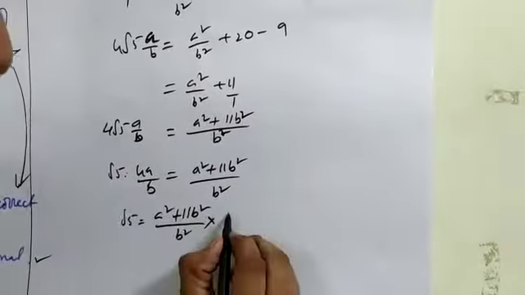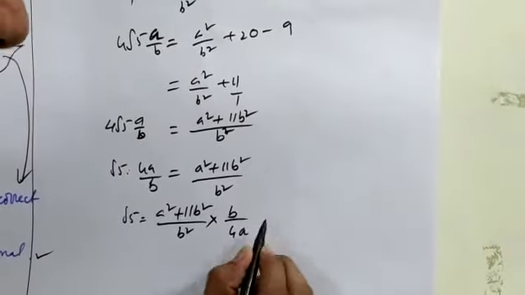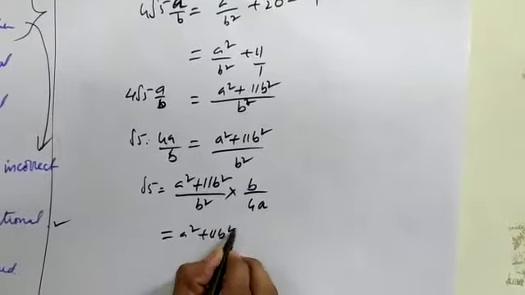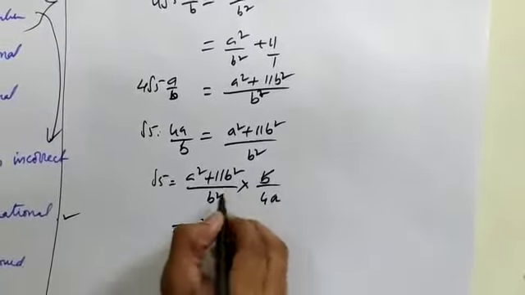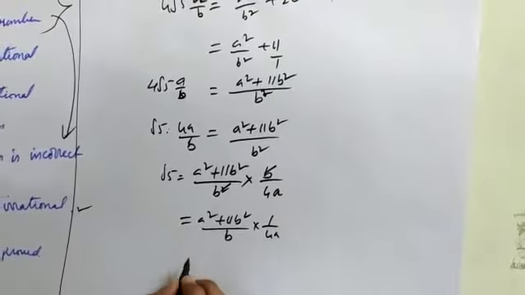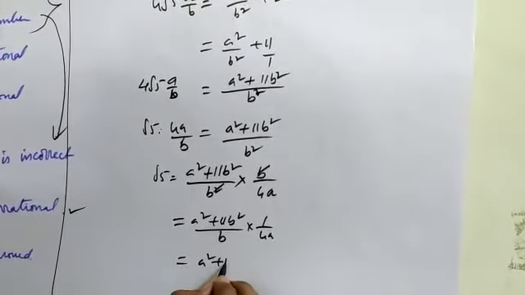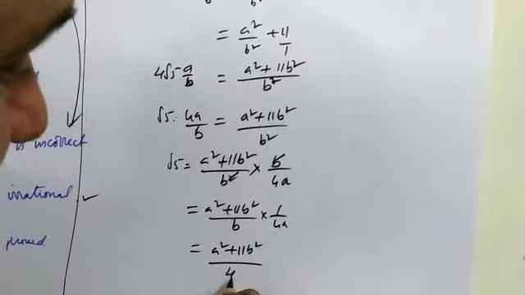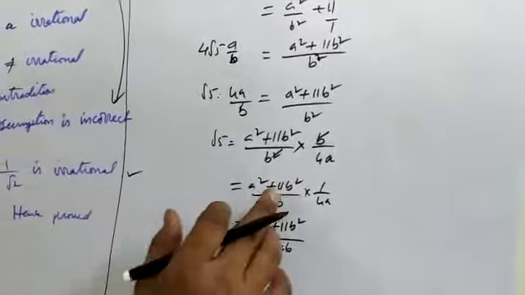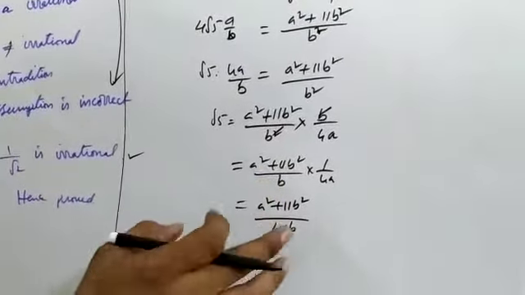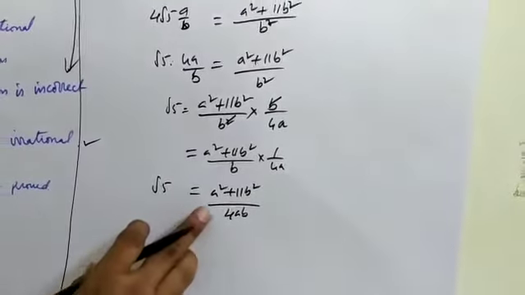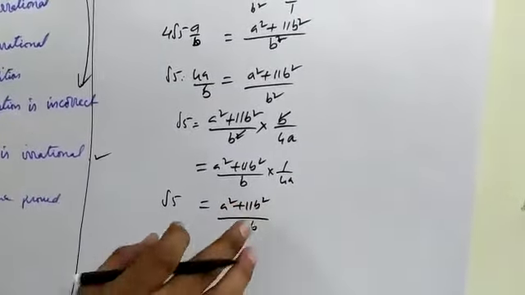The fraction becomes its reciprocal, b by 2a. Now b cancels, giving a square minus 4 b square divided by 2ab. In the multiplication of two fractions, numerator multiplied by numerator, denominator by denominator. Now root 5 is equal to a square minus 4 b square divided by 2ab.